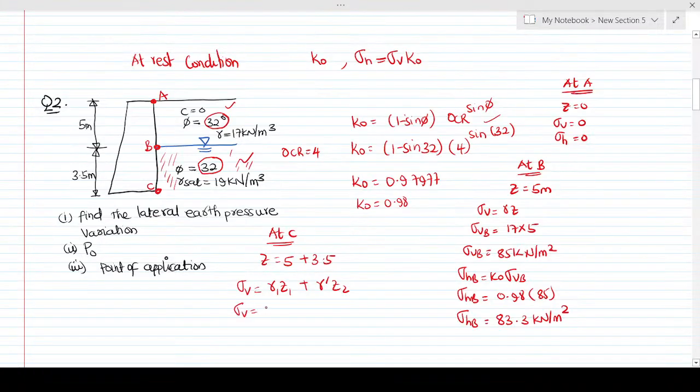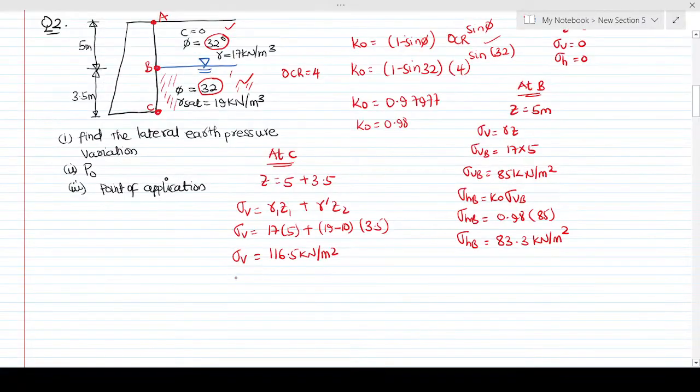So my vertical is going to be 17 by 5 plus gamma effective, that is 19 minus 10, times z2, which is 3.5. So my vertical will be equal to 116.5 kilonewton per meter square.